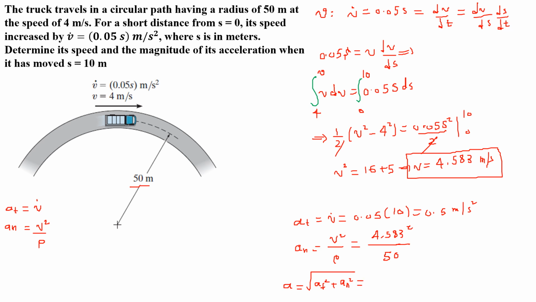So putting this into the calculator, I will have 0.5 square plus 4.583 square over 50 square, right? Notice here we have two squares, so don't forget the square for the v. And now find the final answer. I found this number, 0.653 meters per second square.